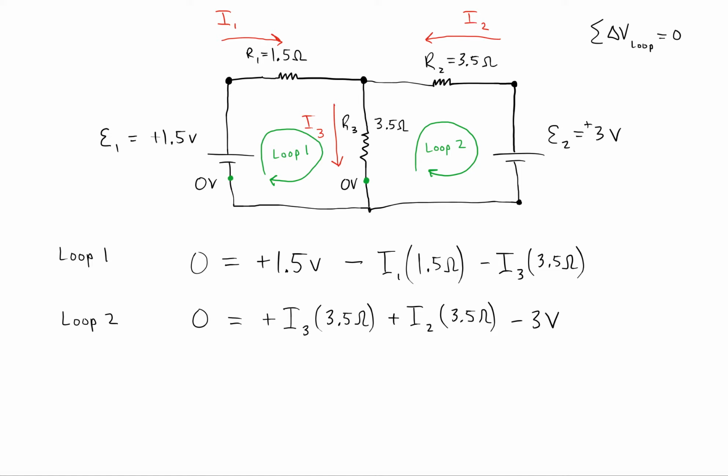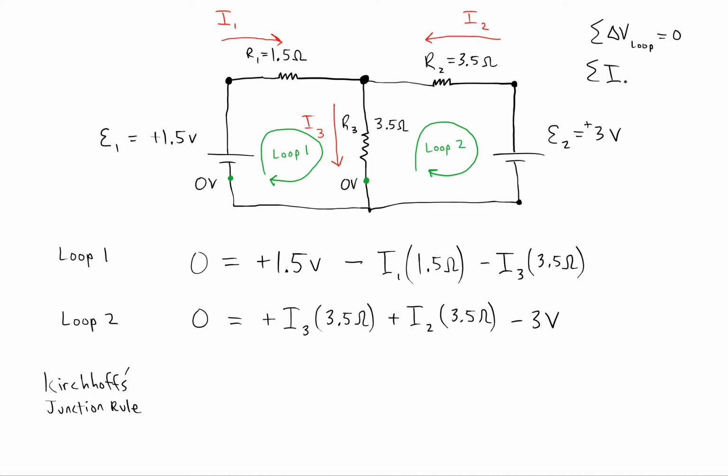And we just have to come up with one more equation. So I'll actually use Kirchhoff's junction rule for that last equation. We see that I1 is heading into this junction here, and I2 is also heading into that junction. I3 is leaving the junction.